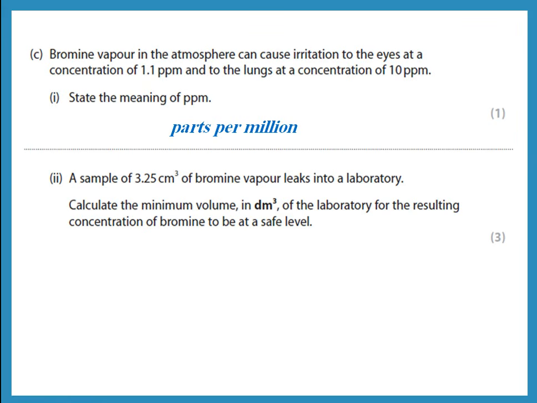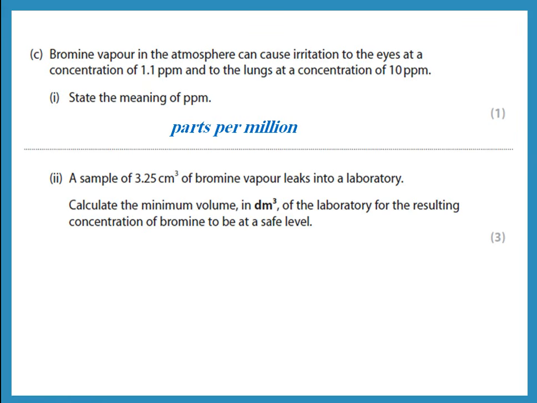So I want to see, if I have a sample of 3.25 centimeter cubed of bromine, what could be the total volume so that my amount of bromine is not hazardous to whoever is in the lab.